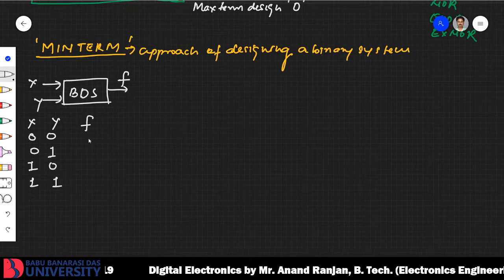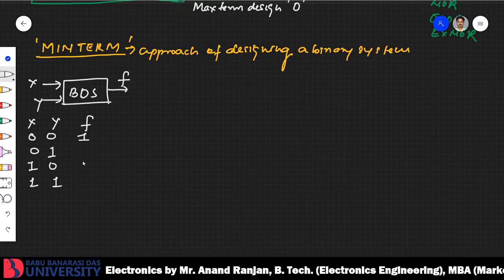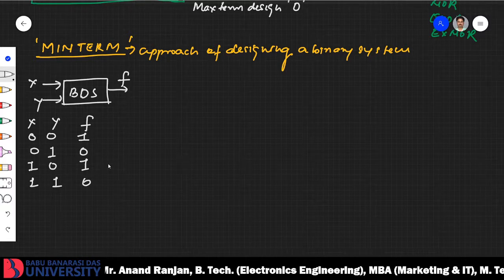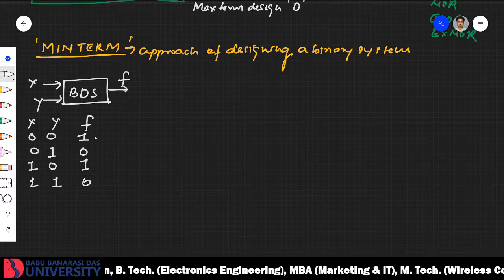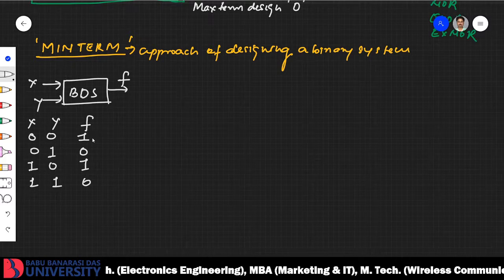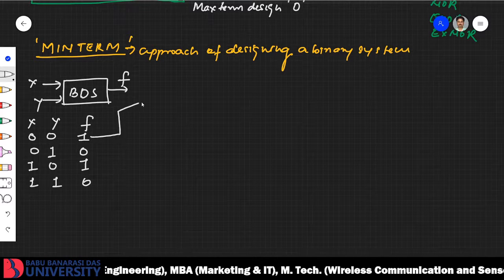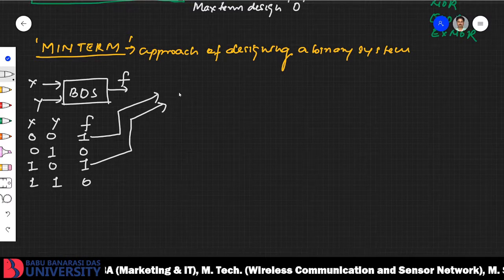We write the output as 1 in case of even, and in case of odd we represent the function output as 0. As we said, we have to concentrate on 1 at the output. For this we have to write the function for the output 1 only.